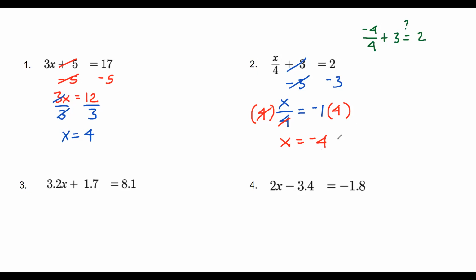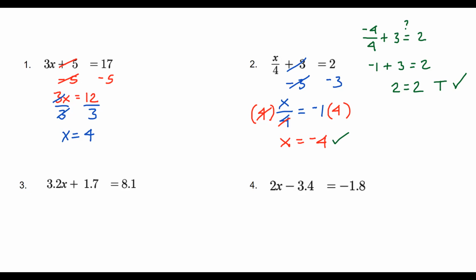If it does, then our answer is correct. Negative 4 divided by 4 is negative 1 plus 3 equals 2. Negative 1 plus 3 is 2. 2 equals 2. That's true. Therefore, we have the correct answer. We have proven that that must be correct.